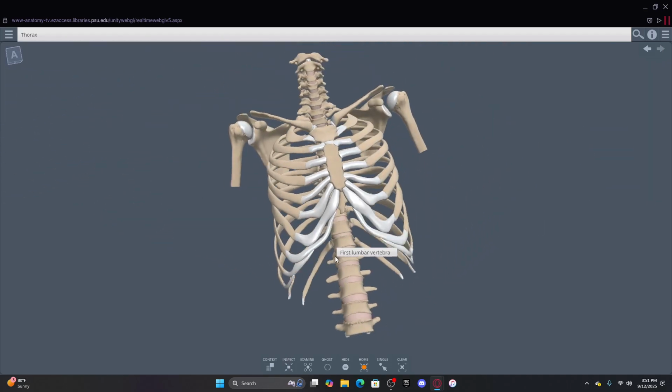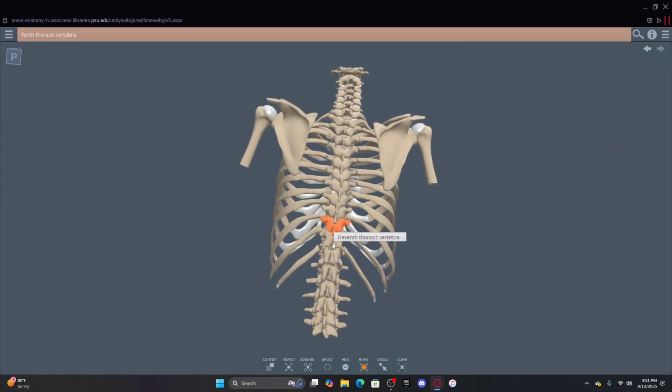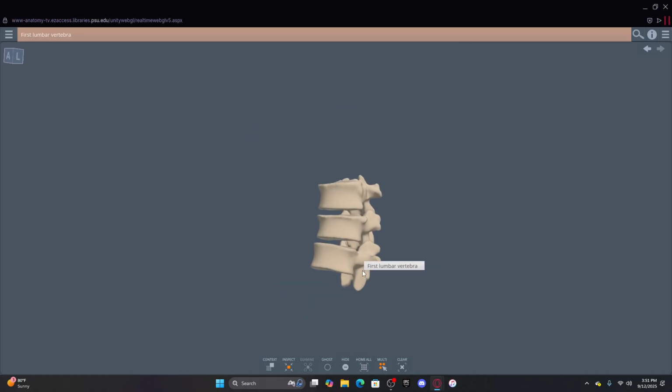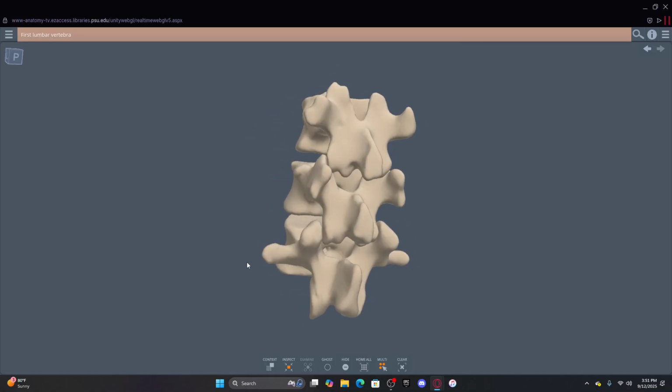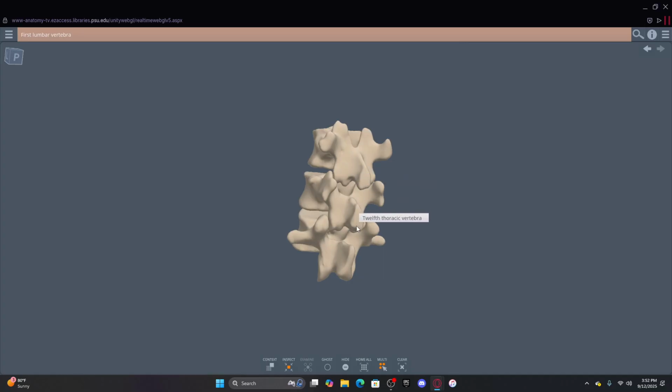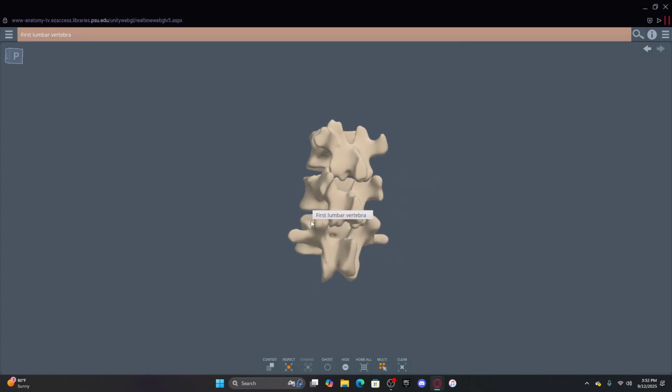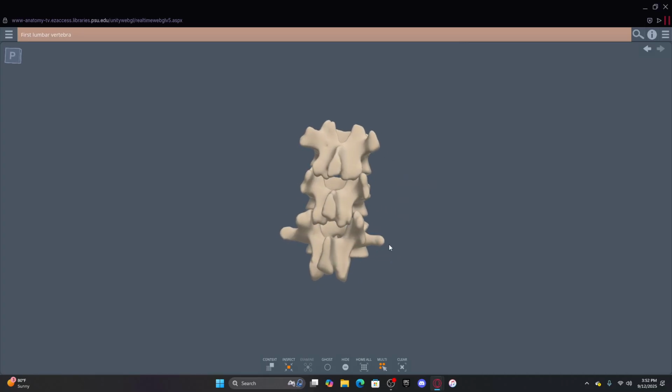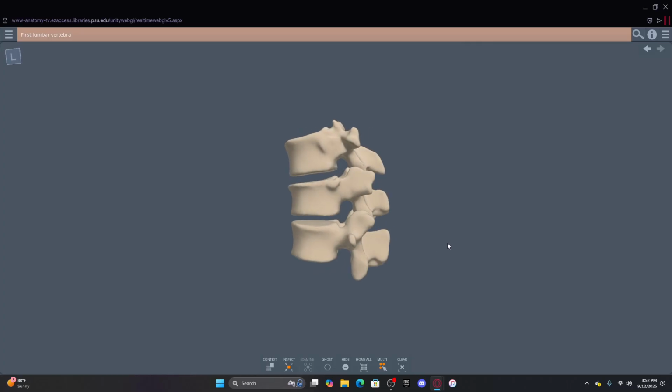So I'm going to bring that back. We have the spinous process, right? You can see that all here. We have the transverse process. And then we can also see the intervertebral foramen.